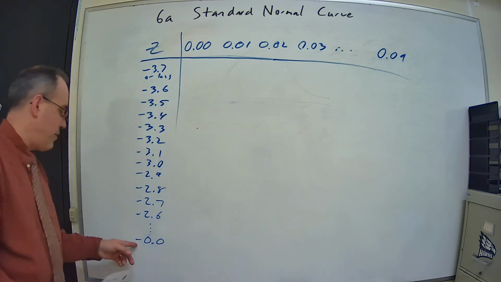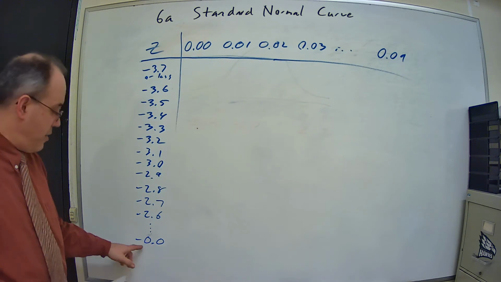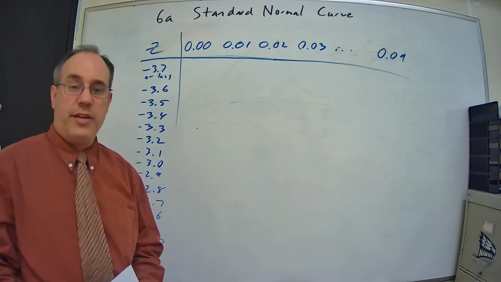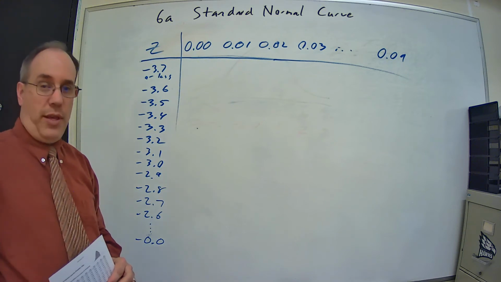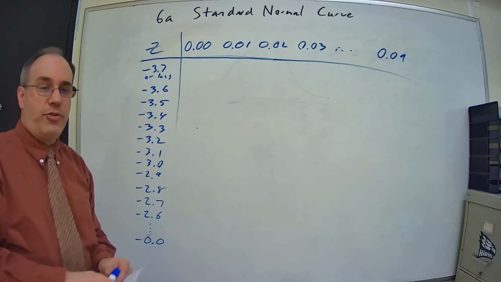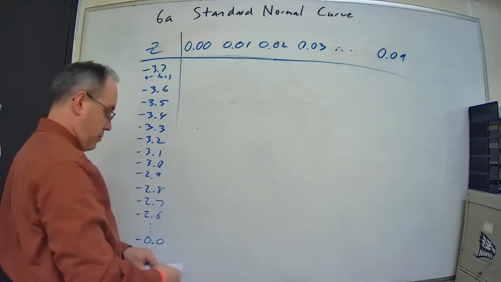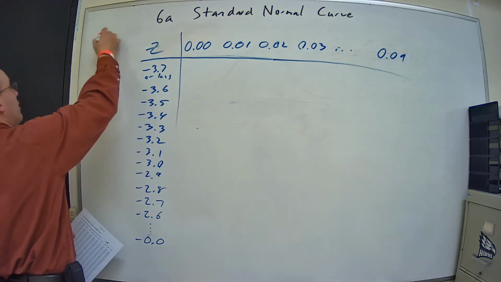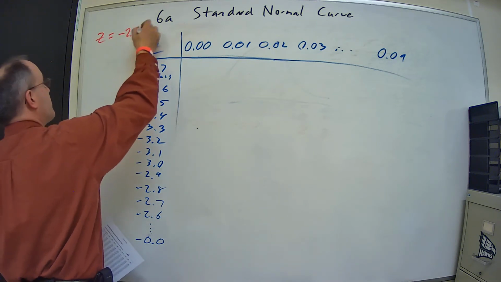It doesn't show a negative here because unfortunately 0.0 is not positive or negative, but we can treat it as if there's a negative there. So what happens with this is we can take a z-score with 2 decimal places, and we can look it up in this table by using these row headers and column headers. So let's say I have a z-score of negative 2.73.